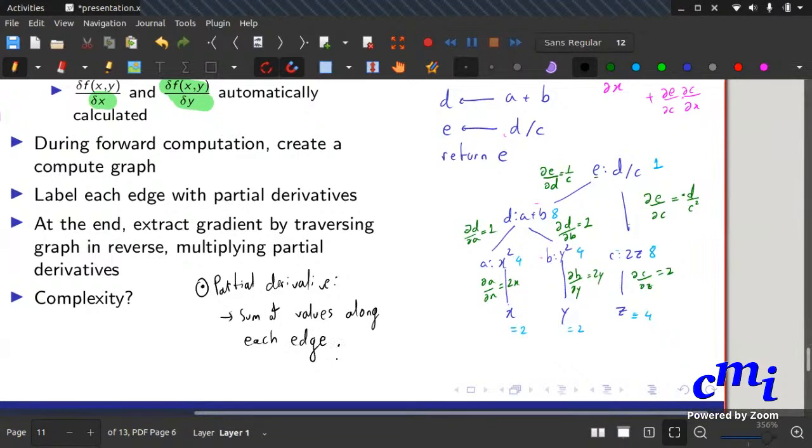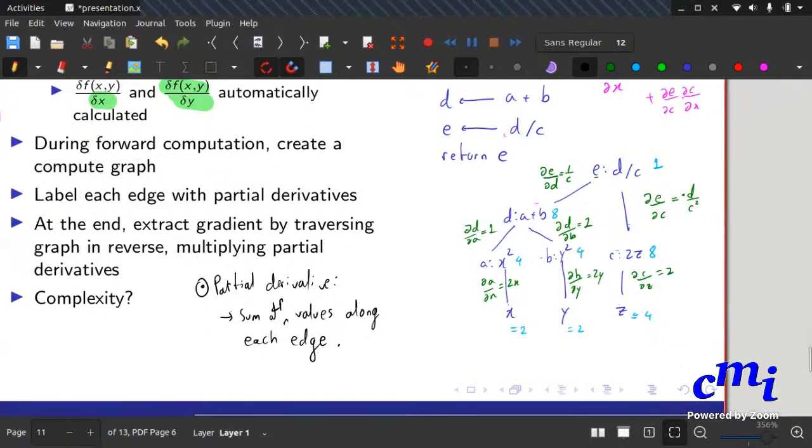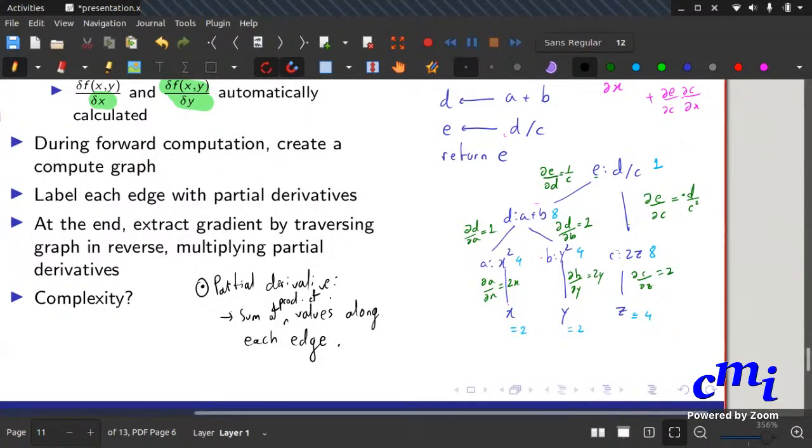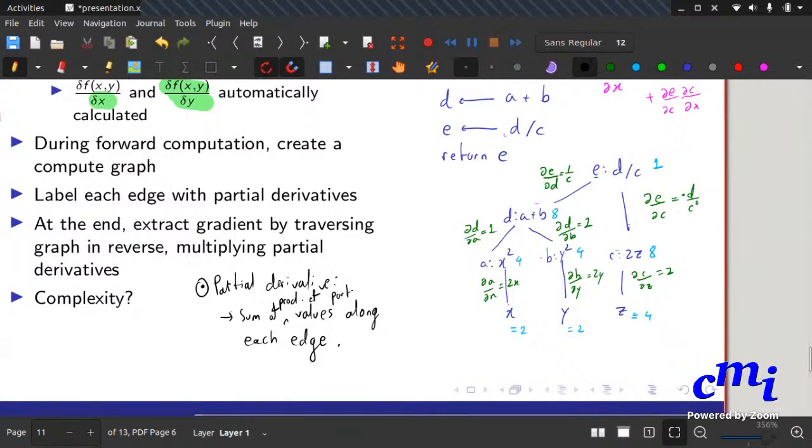Yeah, but there's also multiplication along the path, correct? Yeah. So it is the sum of the product of the partial derivative values along each edge.